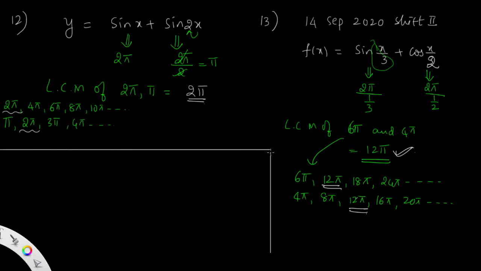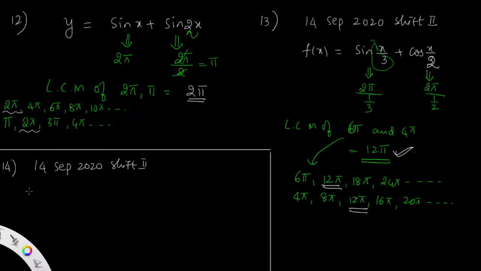This question belongs to 14th September 2020, shift 2. Similarly, the next question is also from 14th September 2020, simple concept based questions. So don't add the values, take the LCMs.